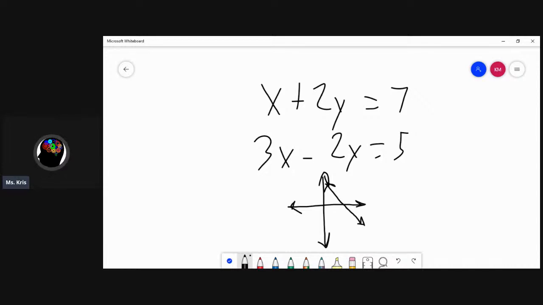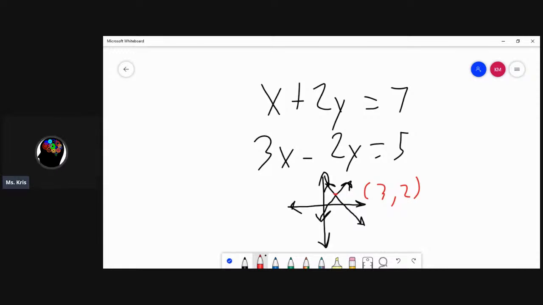And then you have another one that's going this way, and it may be positive. The point where they meet is what you're solving for. So based on the graph that is shown, if you have the actual graph pulled up, they meet at 3, 2.